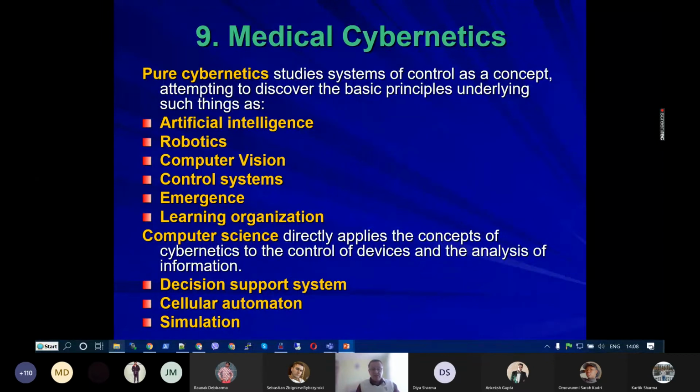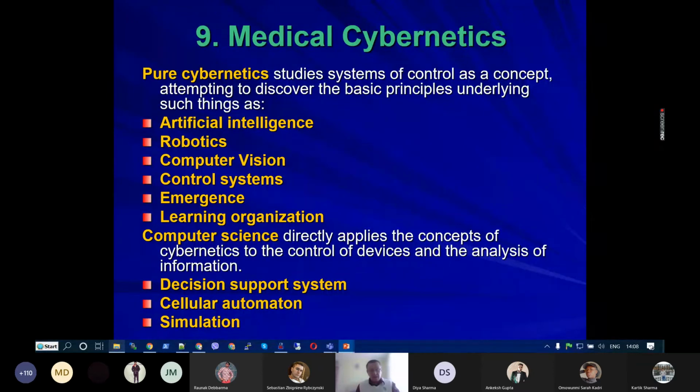And computer science directly applies concepts of cybernetics to the control of devices and analysis of information within areas of decision support systems, cellular automata, simulation, including simulation of biological objects, cell tissues, whole organisms, and so on.